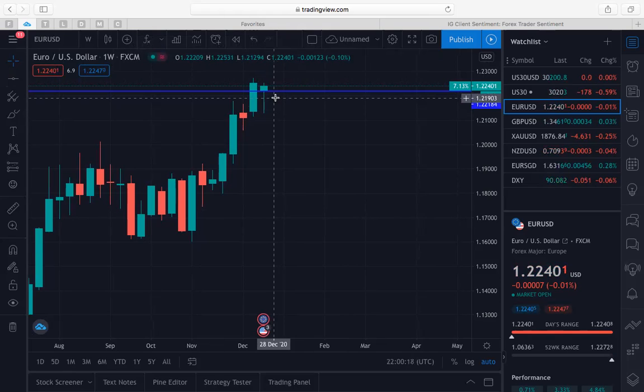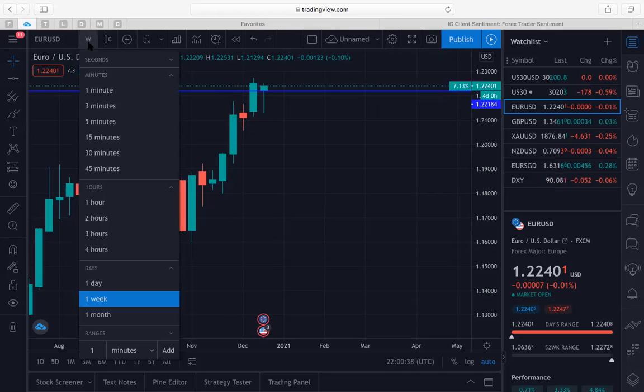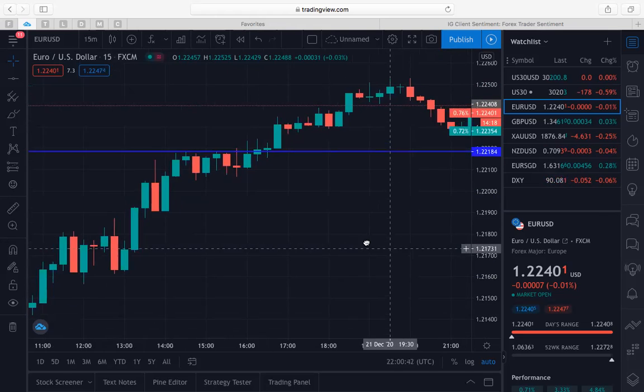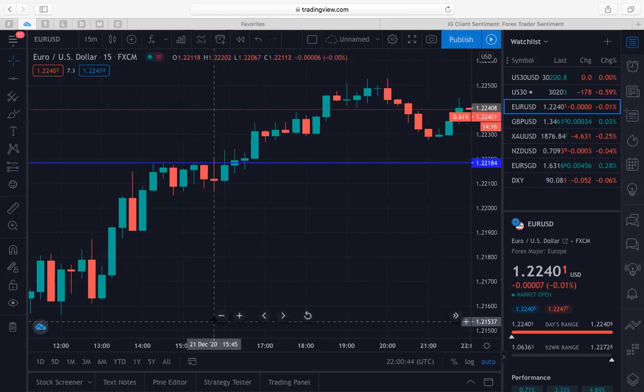So let's say I'm trading the Euro USD. Now we know the Euro USD moves mostly during the London session, because the euro opens at that time, and then the USD pairs move mostly around the New York Open. So if you go back on a lower time frame, this is on 15 minutes.